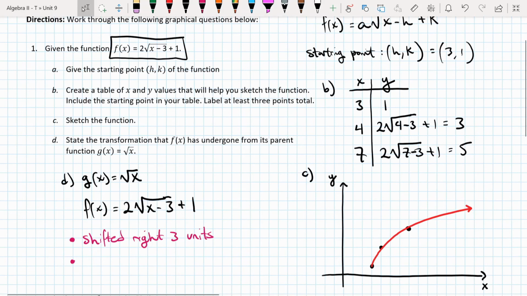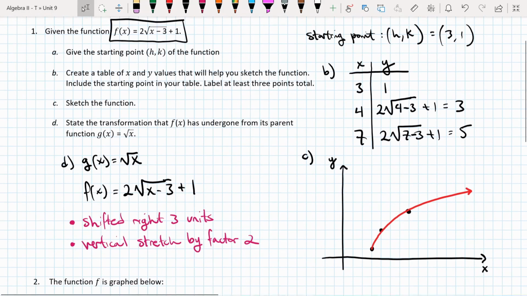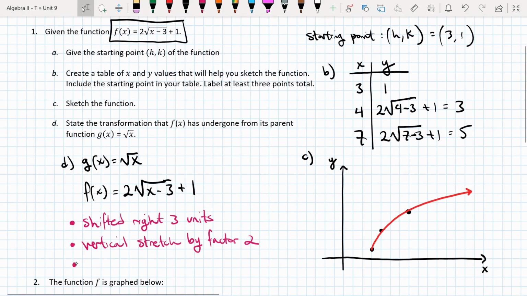Outside of the radical, the 2 indicates that there's a vertical stretch by factor 2. And then lastly, the 1 on the very outside, it's shifted up 1 unit.